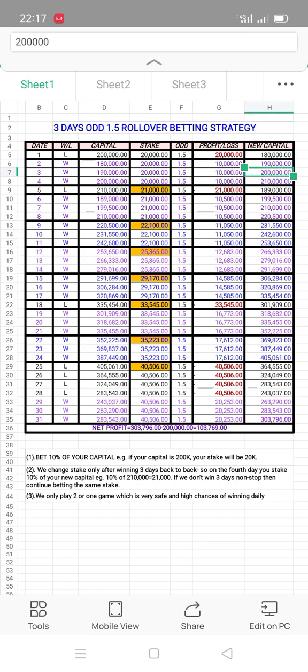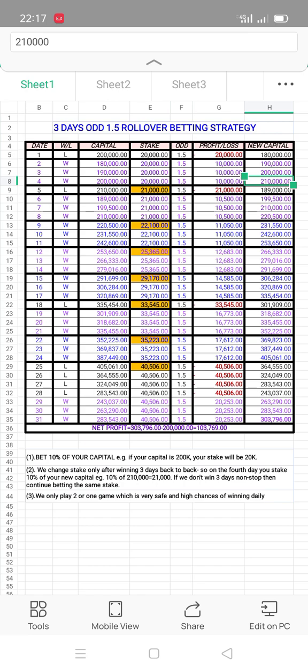So our new capital is 200,000. Then on the 4th day, again we played 20,000 and we made a profit of 10,000, and our capital now is 210,000. But remember, now we have rolled over. We have won non-stop for 3 days.